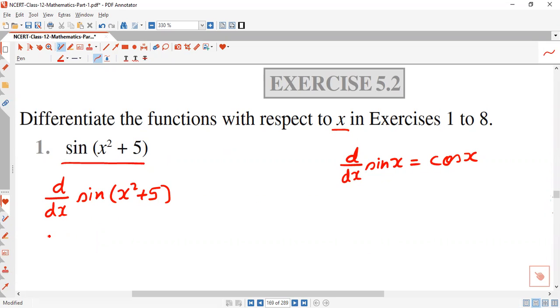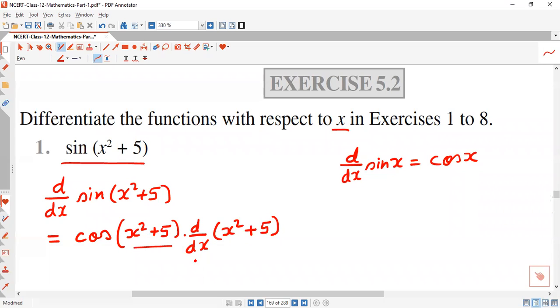So what are we getting? Sine becomes cos, of x square plus 5, and dy/dx of this function x square plus 5, because this is not x, until it comes out x or 1 we will continue to do it.